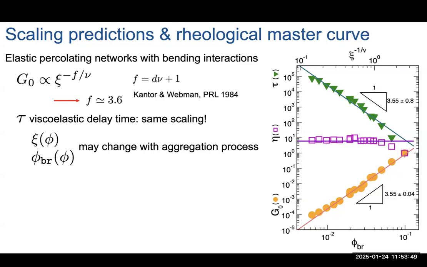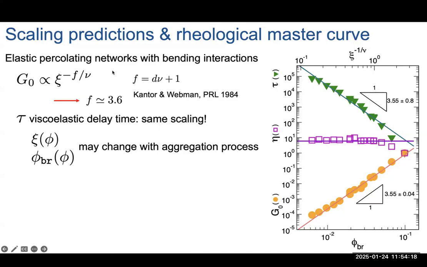And so if I imagine that my gel is a percolating network of these blobs, and in our case there are these bending interactions that are associated to the bond stiffness, I can use one of the models that people have developed for percolating networks to compute how the modulus should scale as a function of the distance from the percolation threshold, in our case the rigidity threshold, and the blob size.